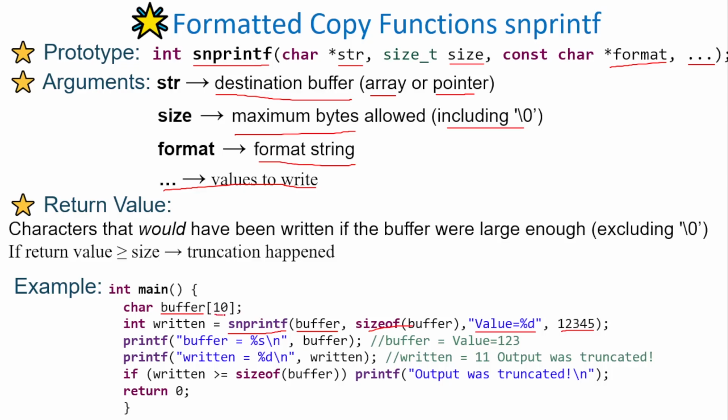The full output would be 11 characters long, so only value = 123 fits in the buffer, and the string is safely truncated while still being null terminated.